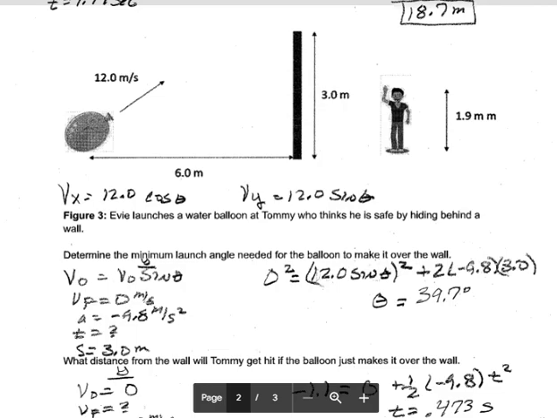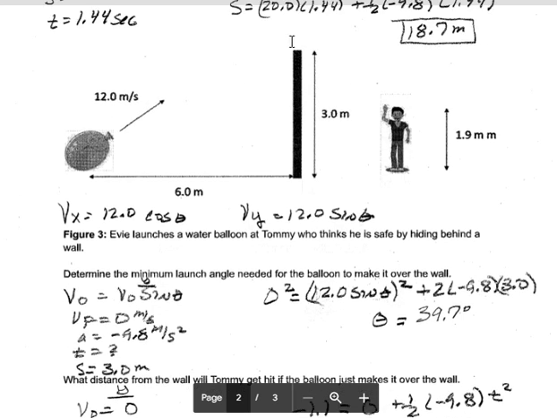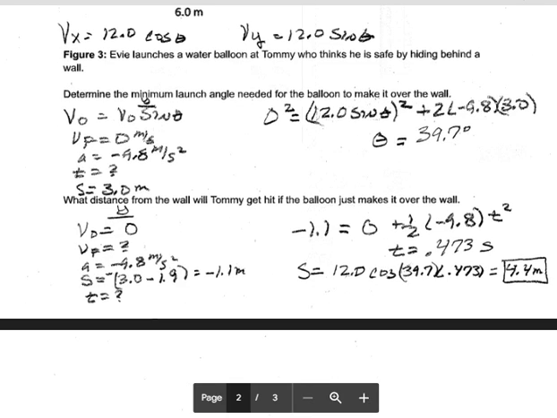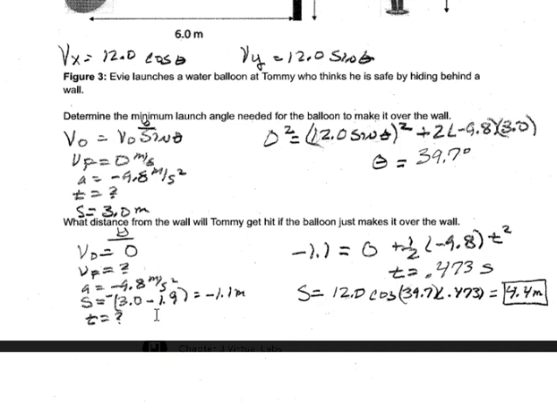Then it says, at what distance from the wall will Tommy get hit if the balloon just makes it over the wall? Well, at the max height, velocity in the y direction is 0. So I'm just going to take it from this point. I'm going to pretend that we just launched this balloon right from the top here, and we're going to see where it hits him. So v initial is 0, v final is a question mark, and I have my acceleration. My displacement is 3 minus 1.9, which is negative 1.1.